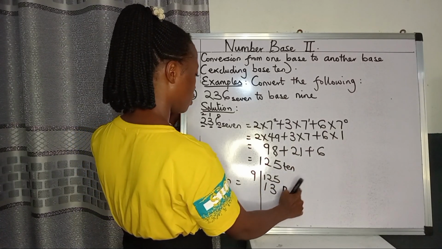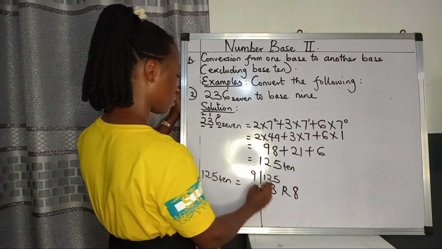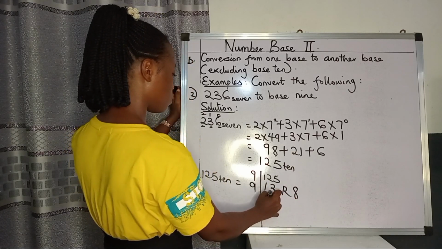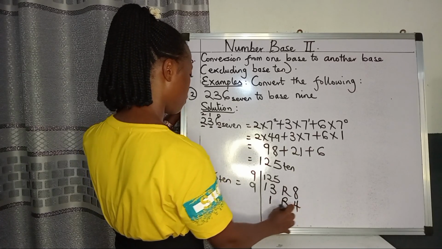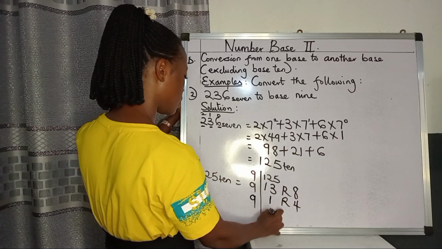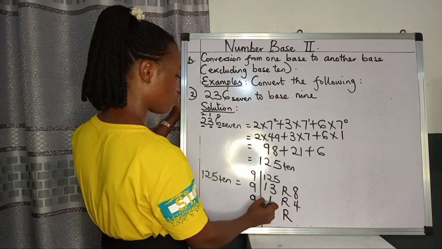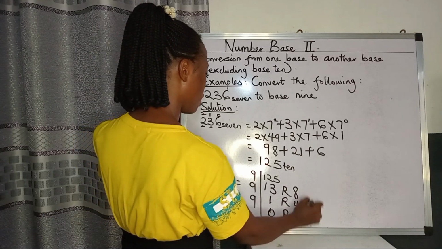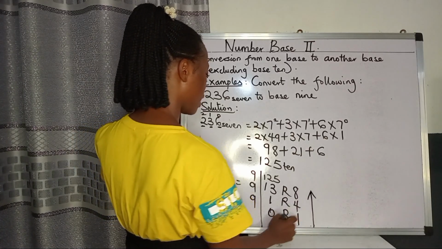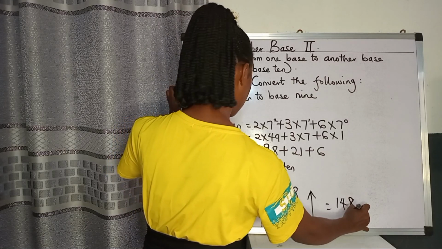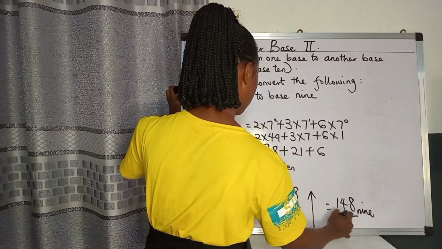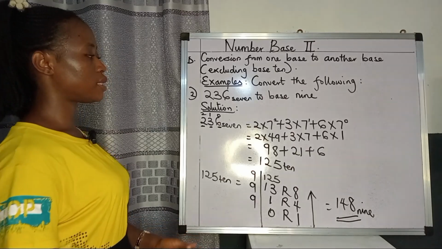Remainder 8. 9 in 13 is 1, remainder 4. Then 9 here, you write 0, and you bring what you have here to this side. So your answer goes all the way from down to up. This will give me 148 base 9. This is my final answer.